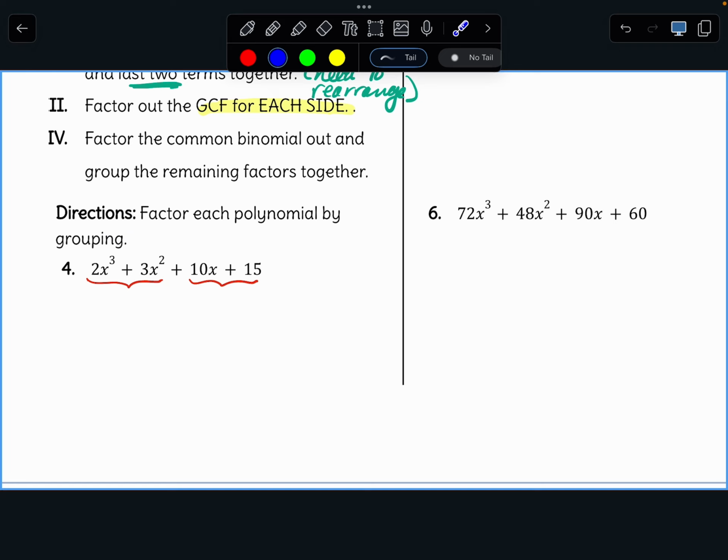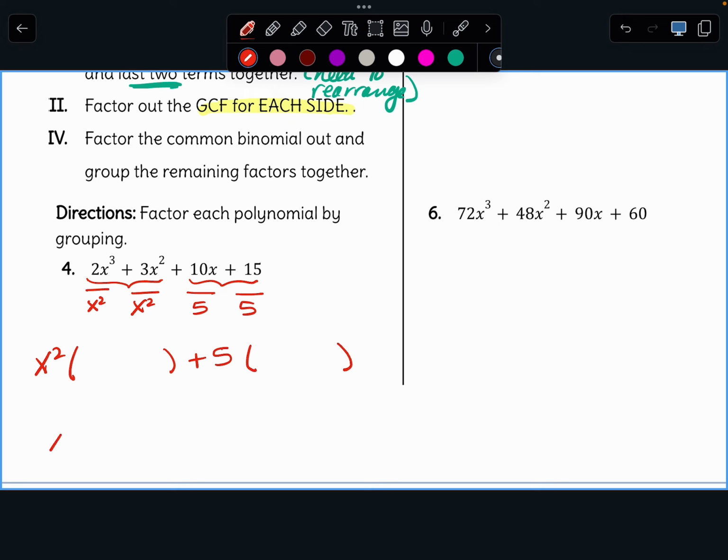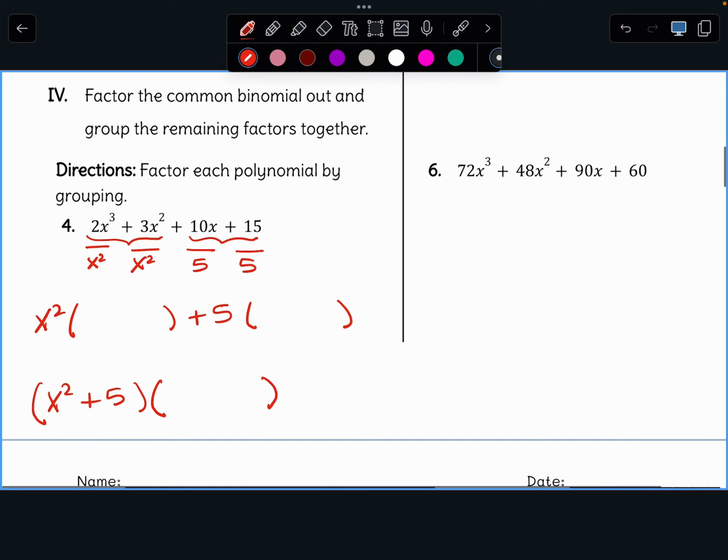So here I can divide by x squared on both of those, and I can divide these both by 5. So I'm going to have x squared in a parenthesis plus 5 in a parenthesis, and when you're all done, one of them is x squared plus 5, and that other one is the common parenthesis.